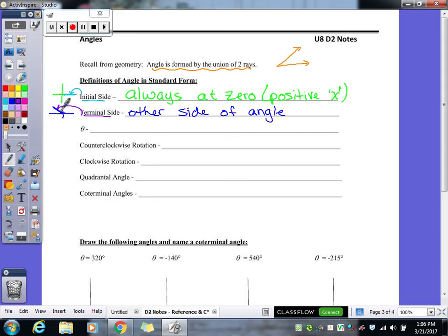My terminal side is that side right there. Kind of where your angle ends. So next, this little guy, he's called theta. He's a Greek letter for angle.